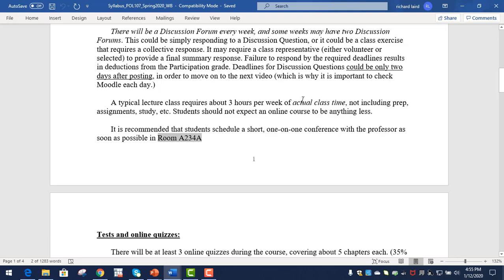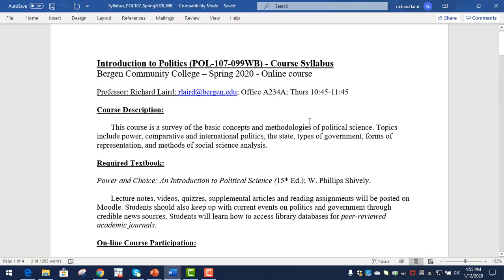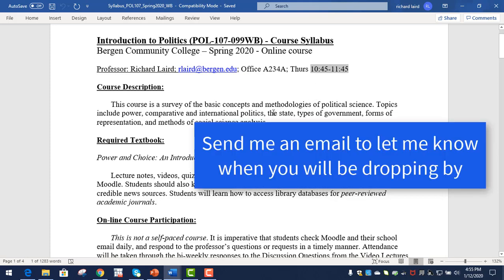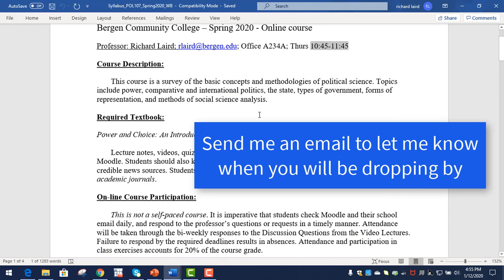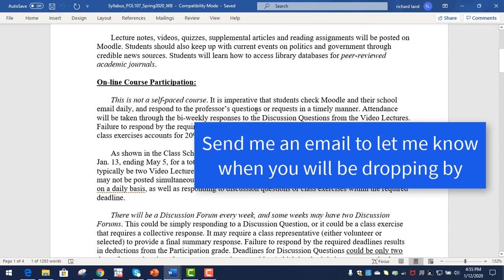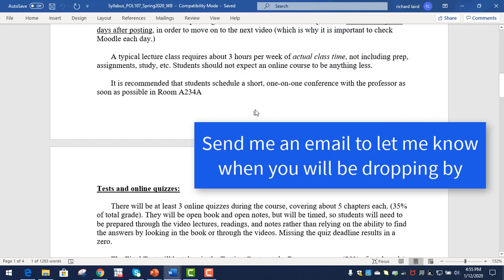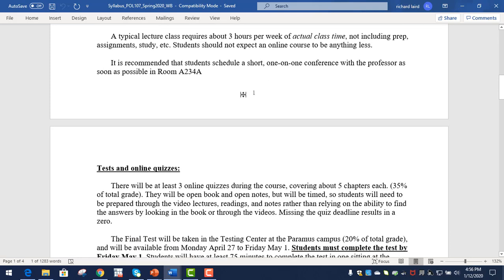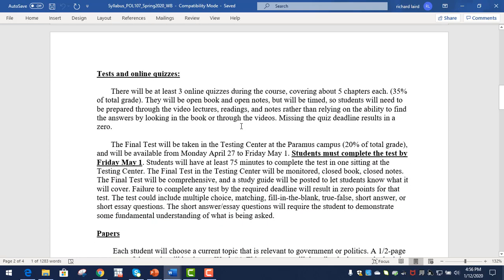So my typical office hours are going to be Thursdays 10:45 to 11:45. I could actually do that perhaps on Tuesdays at that same time as well. Like I said, we'll only need a few minutes, 10 to 15 minutes at the most, depending on what questions you may have or what things we might want to talk about. But I highly recommend that you do that at the very beginning of the class, within the first couple of weeks, so we can get the introductions down.